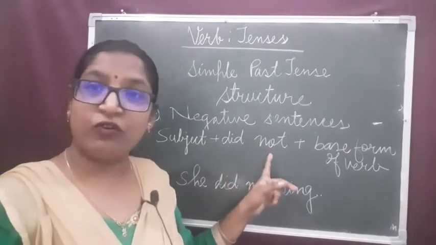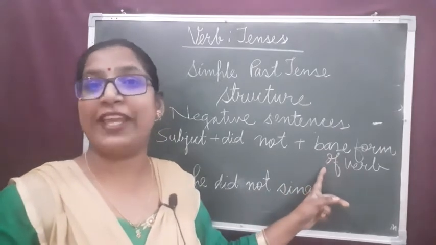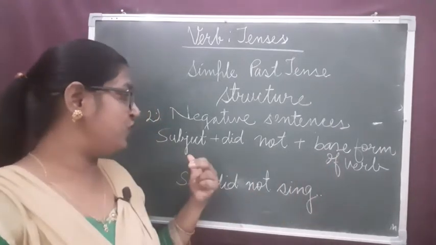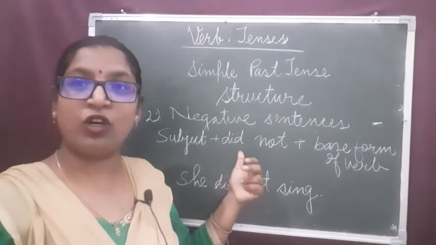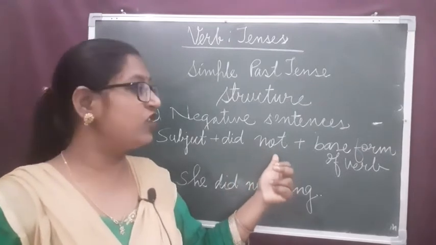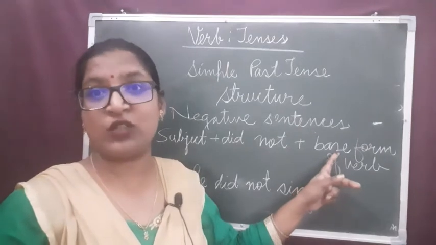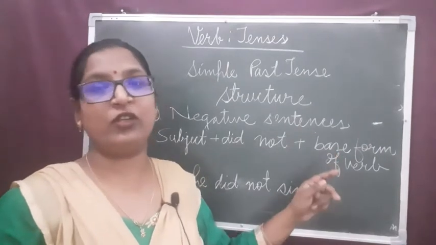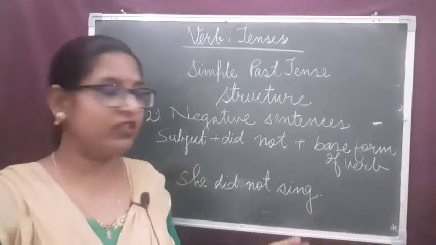And not is the word of negation, plus the verb in its base form. Subject plus did, not is the word of negation, and the main verb is in its base form, the first form of the verb. Then it can be followed by the object or cannot, according to the sentence.